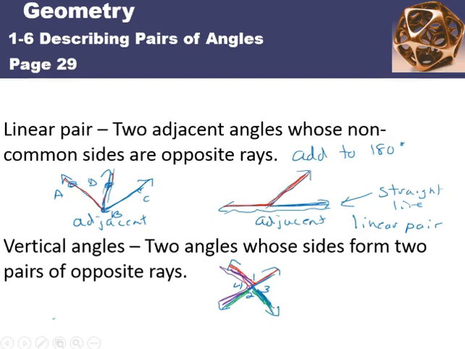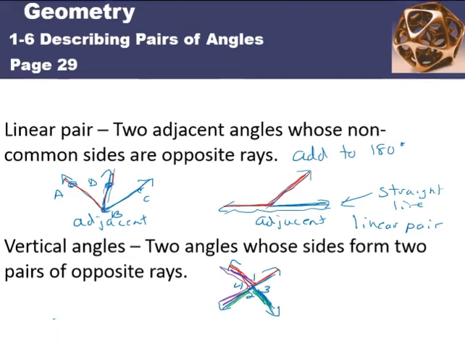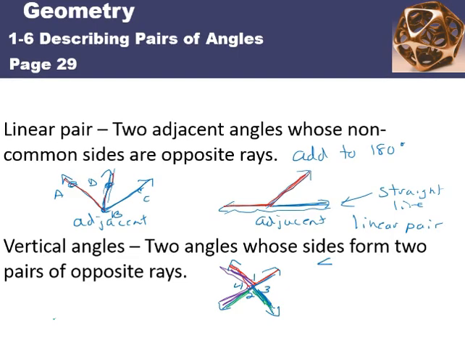Okay, so the angles that are directly across from each other are vertical angles. So angle 1 and angle 2 are vertical. And angle 3 and angle 4 are also vertical.